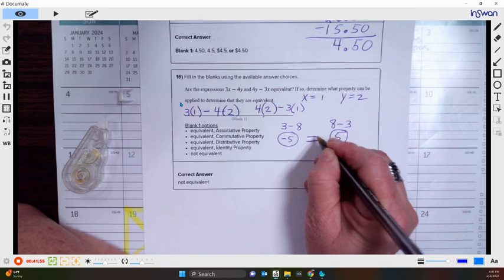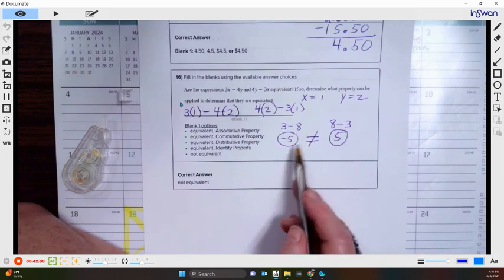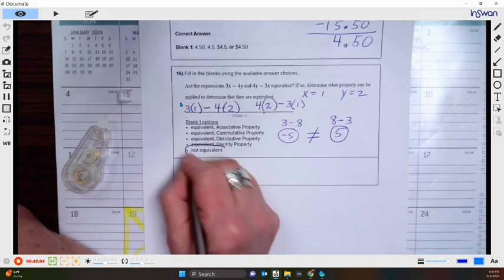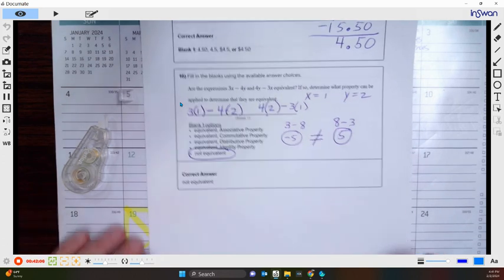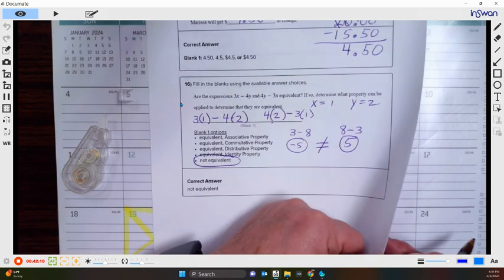Now, that is a zero pair. It would cancel each other out because both of them are 5 away from 0. So they are not equivalent at all. Okay, correct answer, not equivalent. Now, I know that we could have just looked at the answer, but you needed to test it to see.